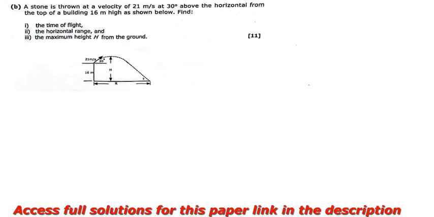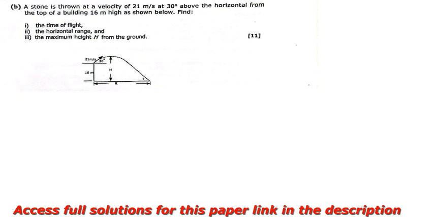So now, in this one, we are going to solve question 2b from the same paper, Physics 1010 2024 exam. This question, I've solved it before, but let's try to solve it again.